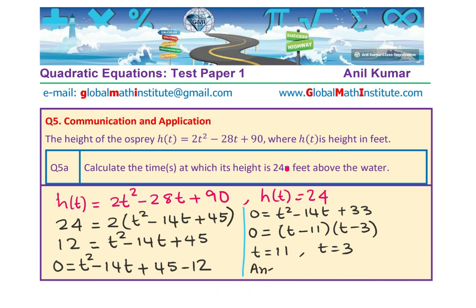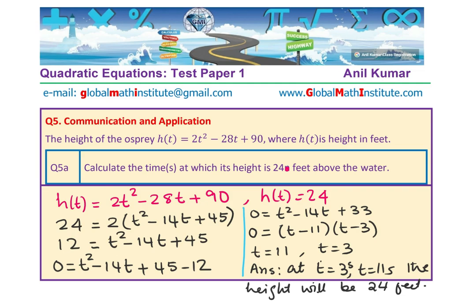So our solution is that at time t equals 3 seconds or t equals 11 seconds, let's include units, the height of the bird will be 24 feet, right? So that is how we can answer part A.